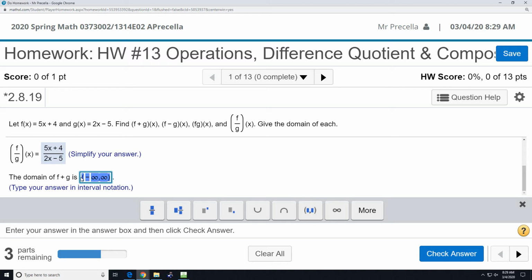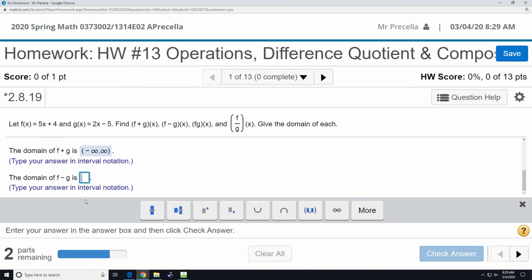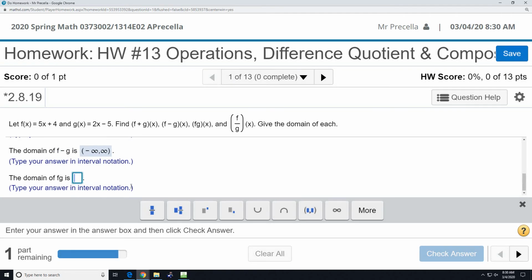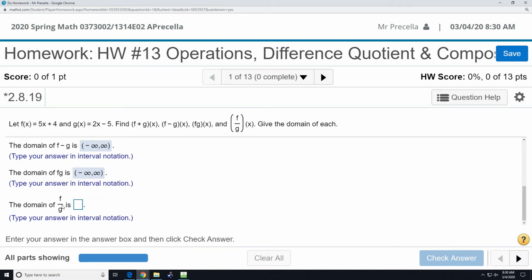I'm going to copy and paste here, Control C, so I don't have to type it over and over, and then Control V. So F plus G, F minus G, F times G: domain is all real numbers. Now this F over G is going to take a little bit more thought.